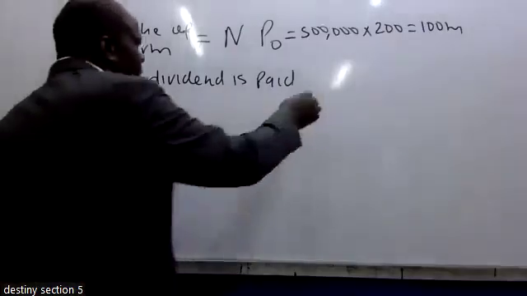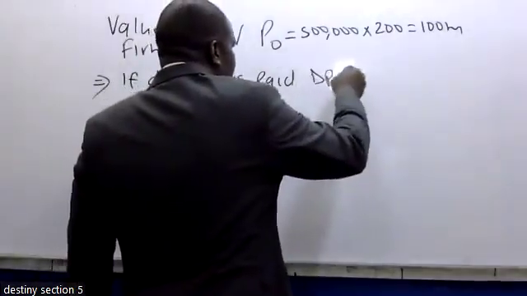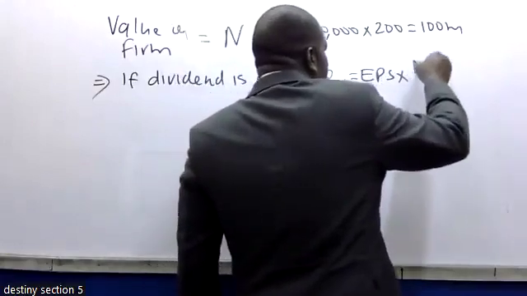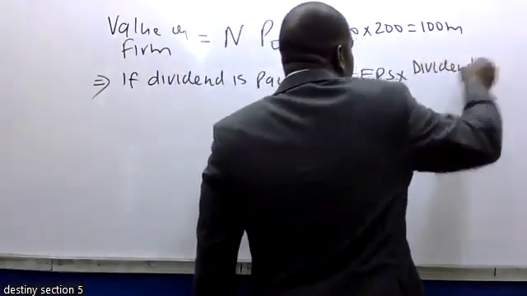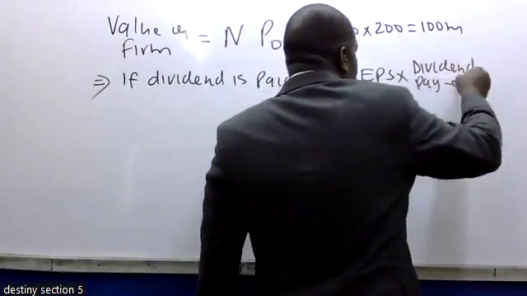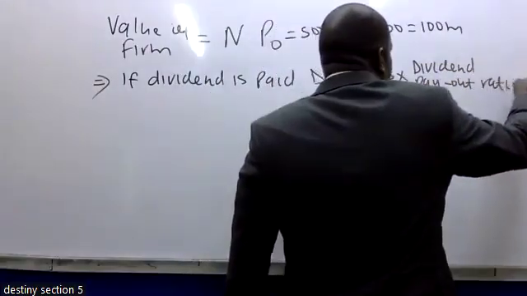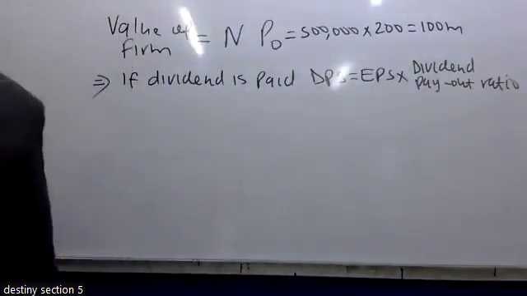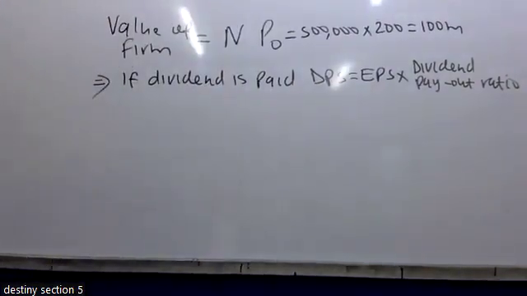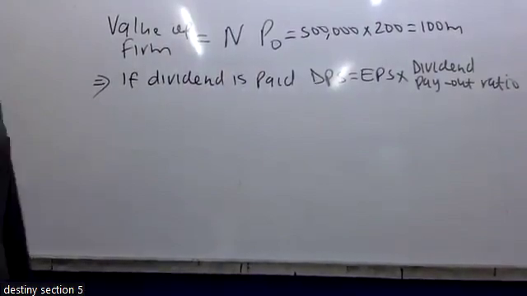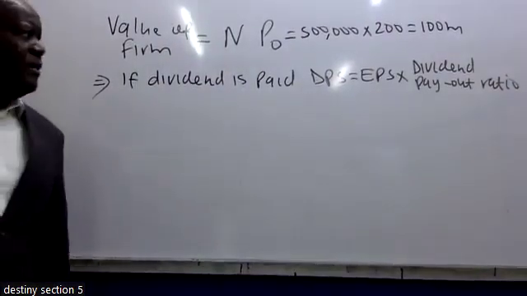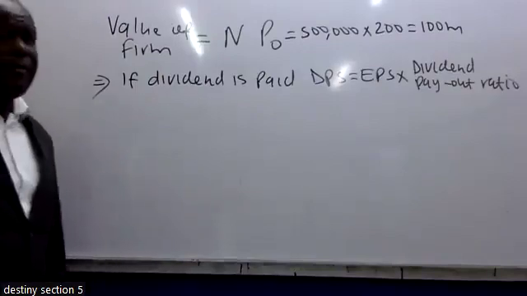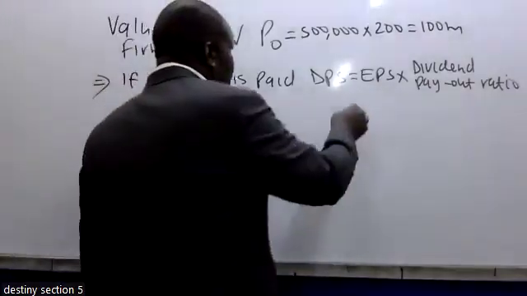So to get the dividend per share, simply get earning per share multiplied by the dividend payout ratio.